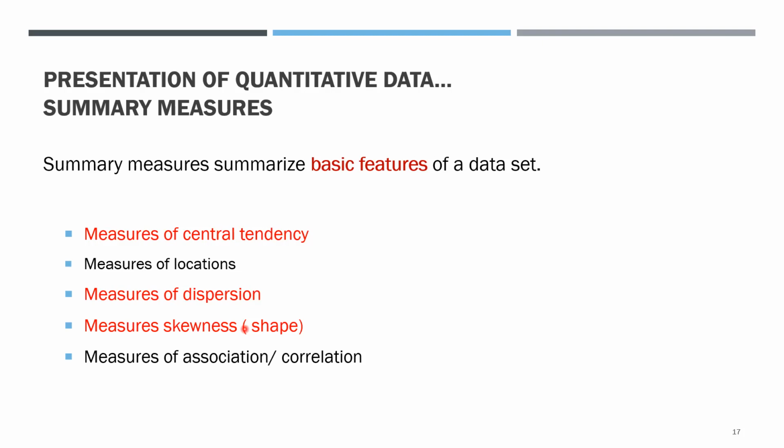Basically, the measures of central tendency give an idea about the center of your data set, the center of the variable you are considering. The middle value: you can identify around which value most data are concentrated using this method.